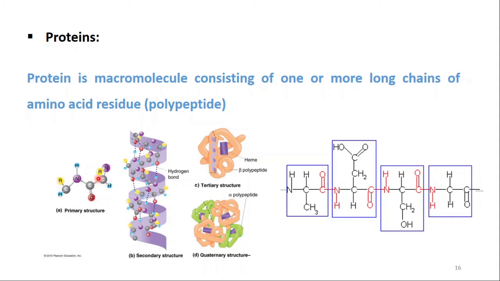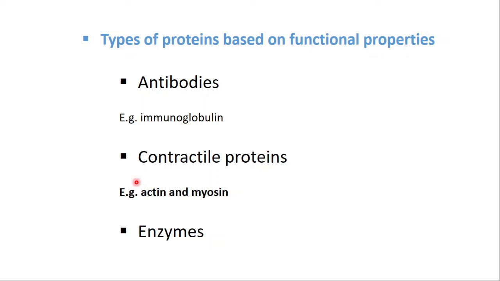There are different types of proteins which are structurally different, like primary structure, secondary, quaternary structure, but that is out of syllabus, so I do not discuss all those. As per the syllabus you just have to know what the different types of proteins are and how they are classified.